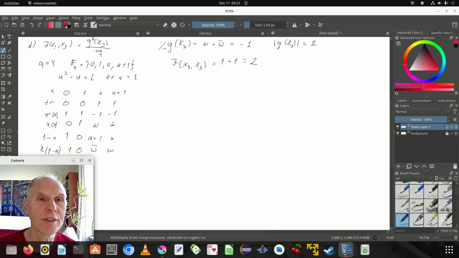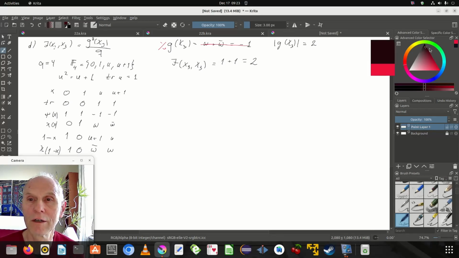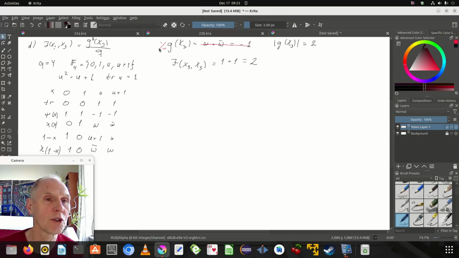Well, that was easy. In the computation of G of chi3, I used this line and this line. I have to use these two lines. So it becomes unity minus omega bar equals 2. So now it's correct.